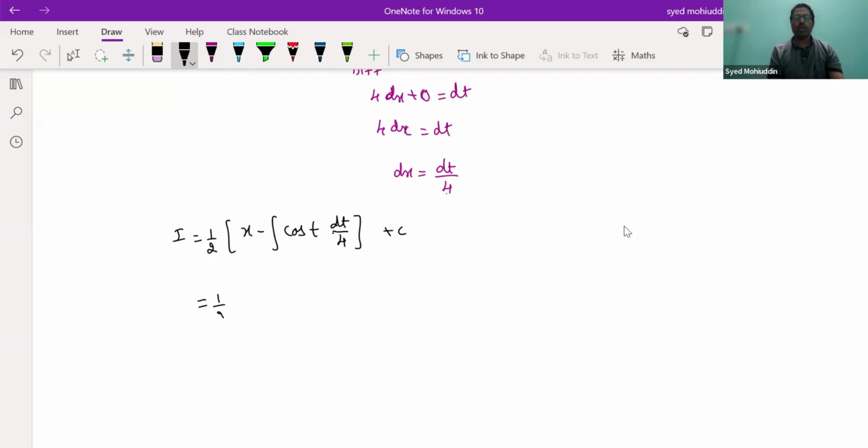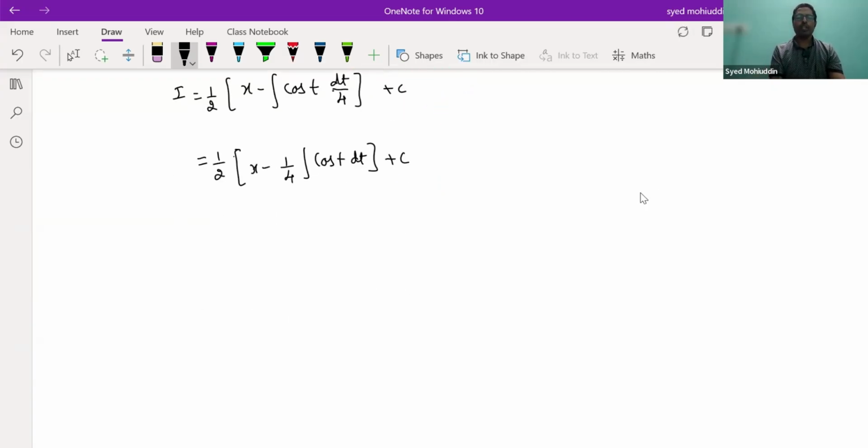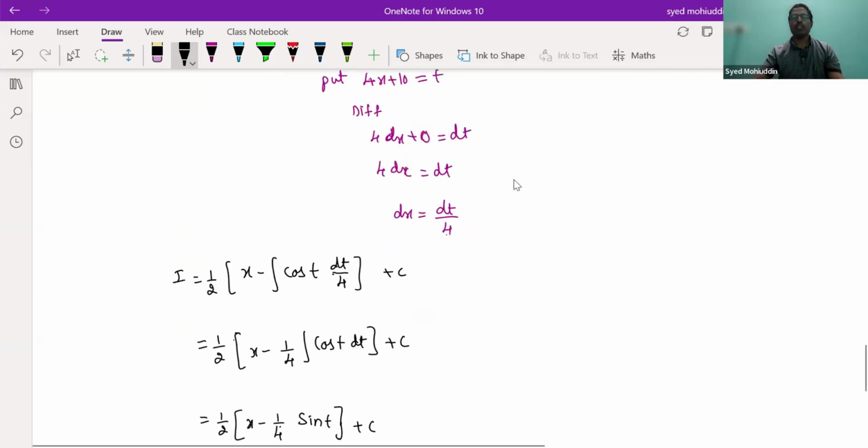So this is nothing but half times of x, which will remain as it is, minus this divided by 4, or 1 by 4 you can take outside, and write integral of cos of t into dt plus the constant c. Now if you simplify this one, this will be nothing but 1 by 2 times of x minus 1 by 4, and integration of cos will give you sine of t, plus the constant of integration c. But what is the value of t I have taken? I have taken the value of t to be 4x plus 10.